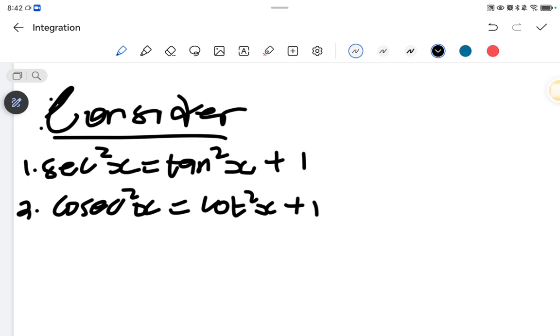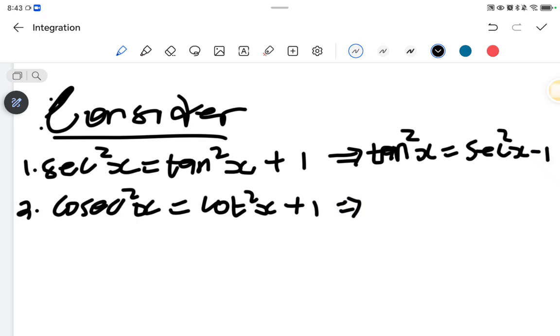So we know that this means tan squared x is equal to sec squared x minus 1, and this means cot squared x is equal to cosec squared x minus 1. You see, right?